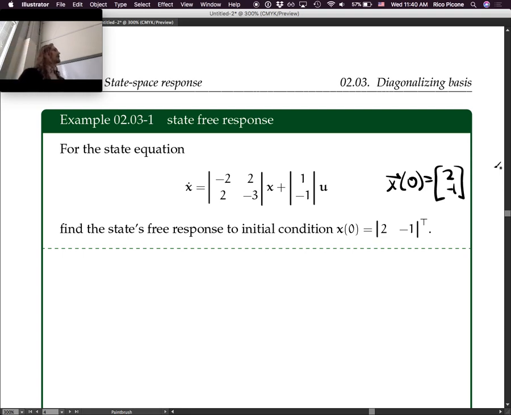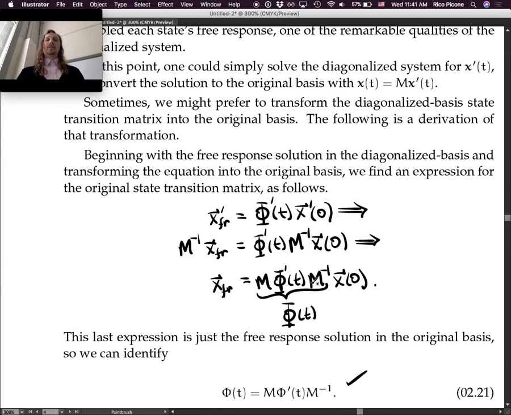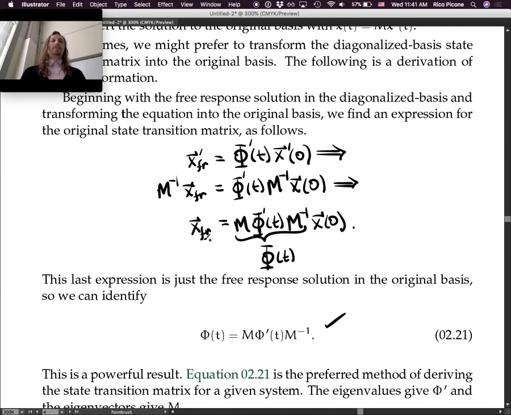Okay, so what do we do? Sorry? Find our lambda. So our general idea is that we can find the free response from this expression, right? X free is equal to phi x naught. So all we need to know is phi.